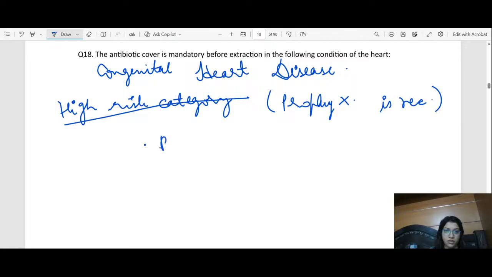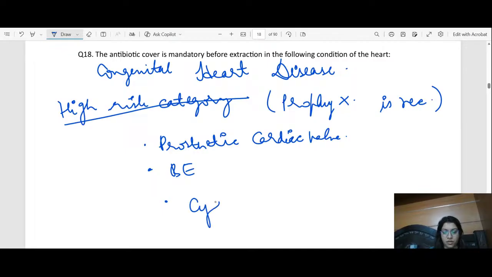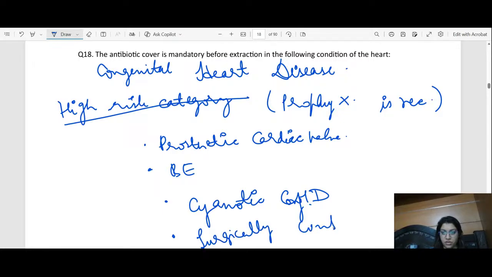When there is a prosthetic cardiac valve, bacterial endocarditis, cyanotic congenital heart disease, surgically constructed systemic pulmonary shunts.